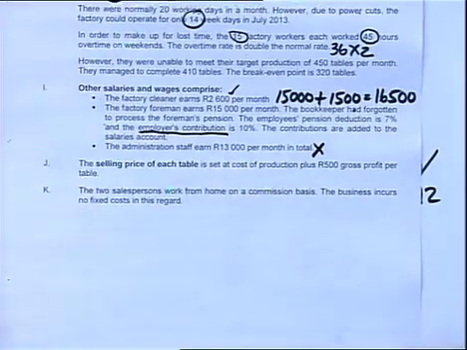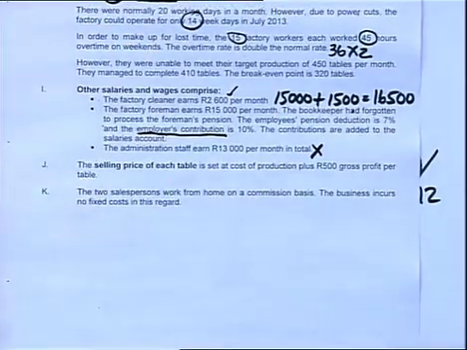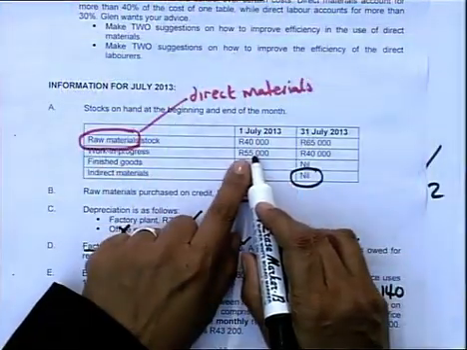Okay, so let me answer the question quickly. It says, how do we determine the work in progress if not given? And how do we determine the work in progress at the end of the year if it is not provided? So let's see. Here they give you the work in progress.